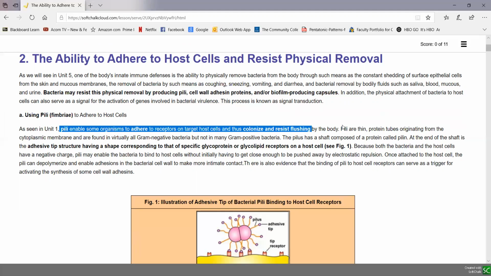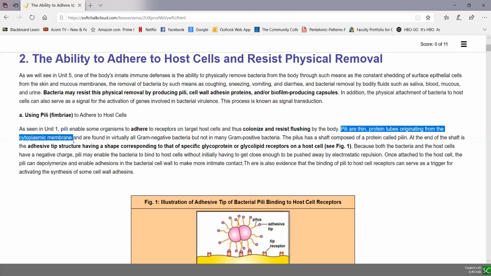So the pili, as we saw, are thin protein tubes that originate from the cytoplasmic membrane, and they're found in virtually all gram-negative bacteria, but very rarely in gram-positive bacteria. So this is an adherent structure for most gram-negative bacteria.